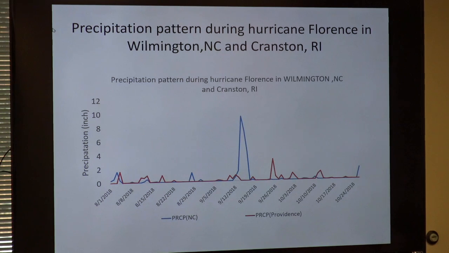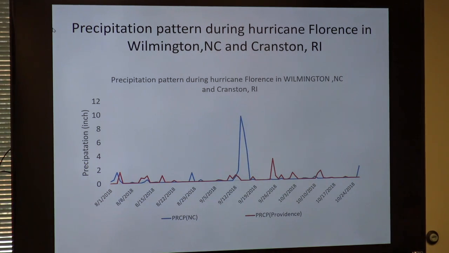Just to give you general information on how much precipitation was received during Hurricane Florence. Precipitation in inches is the y-axis. The x-axis is the month, starting August 1st through October 24th.